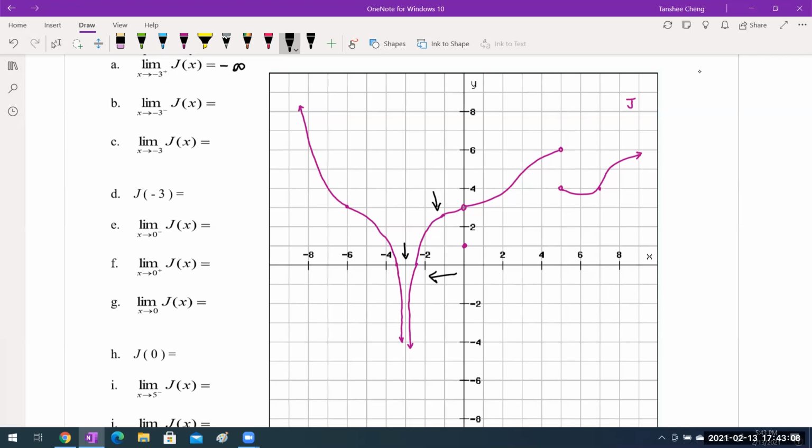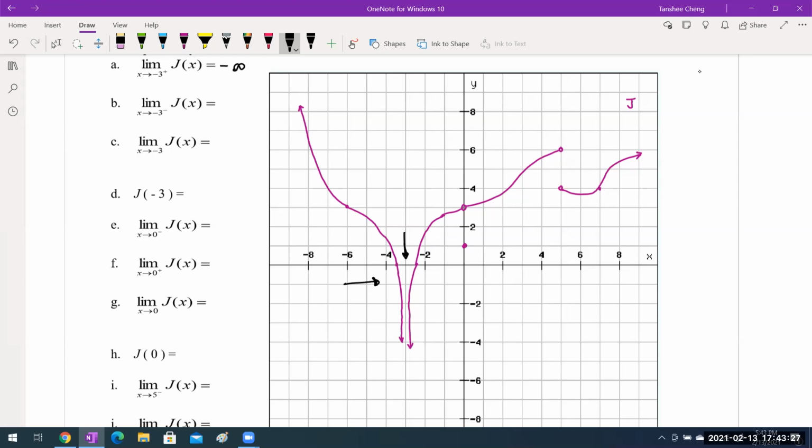And part B, if we are looking for the limit as x approaches -3 from the left-hand side. So once again, here is -3, right? And this time we are approaching from the left-hand side.